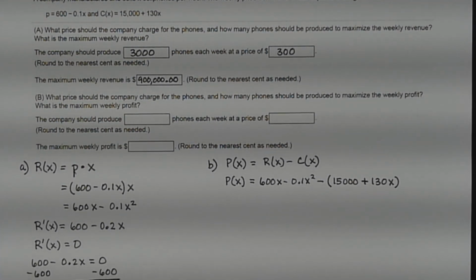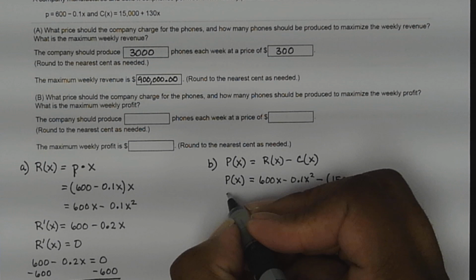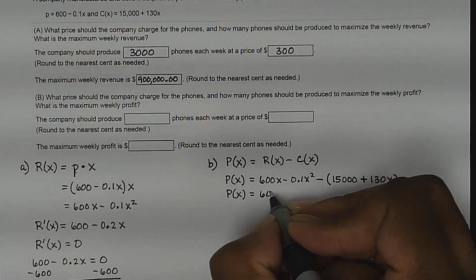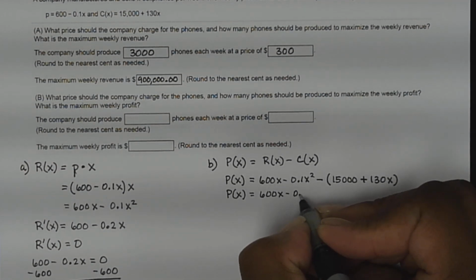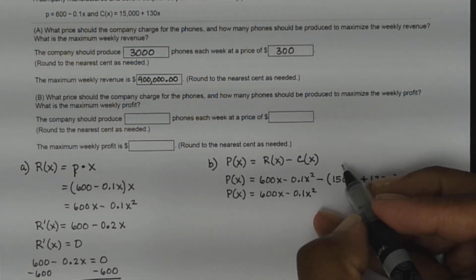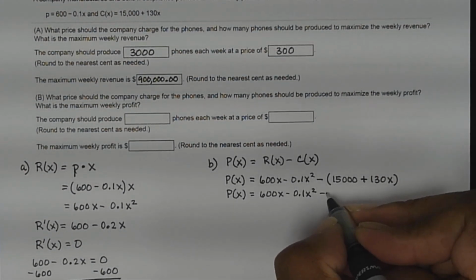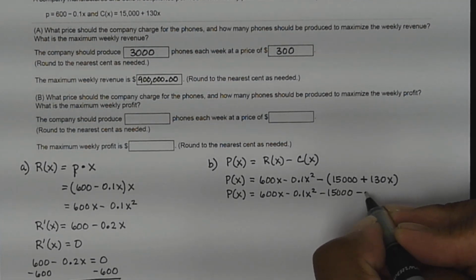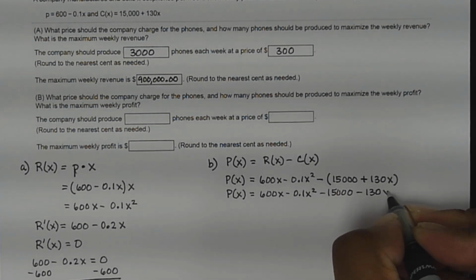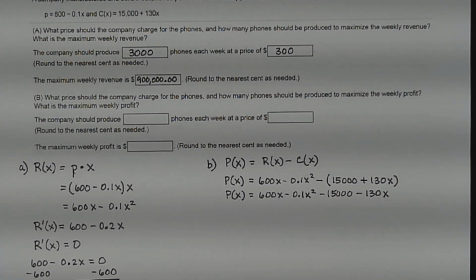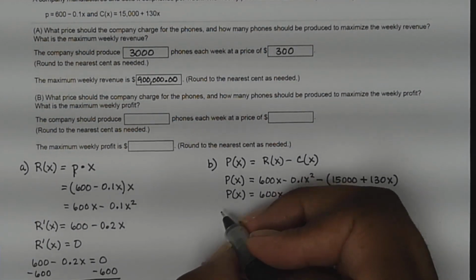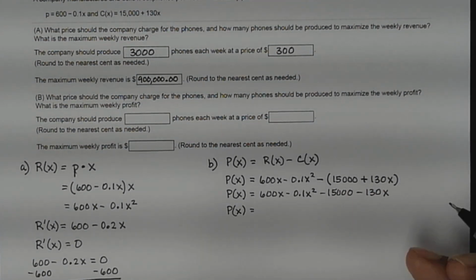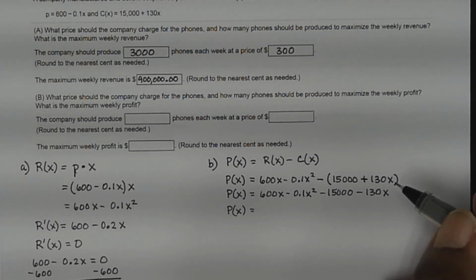Now let's simplify this a bit. All right, so this will be P of X is equal to, bring down 600X minus 0.1X squared. The negative makes the 15,000 minus 15,000. The negative makes the plus 130X minus 130X. And then we can combine some like terms here.